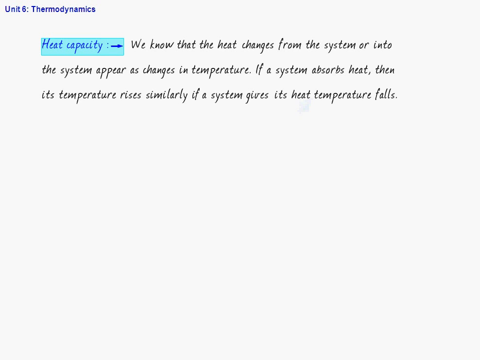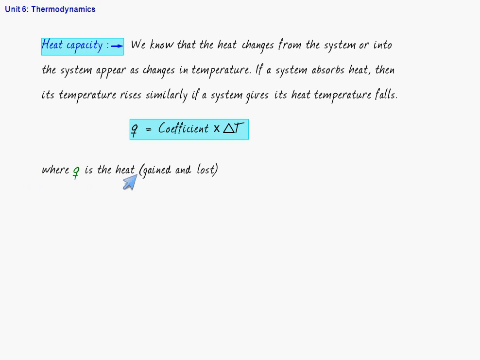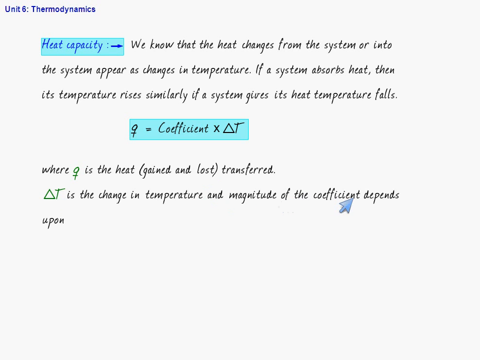So we can say that Q is equal to a coefficient multiplied by delta T, where Q is the heat gained or lost, or we can say Q is the heat transferred, delta T is the change in temperature, and the magnitude of the coefficient depends upon the size, composition, and nature of the system.